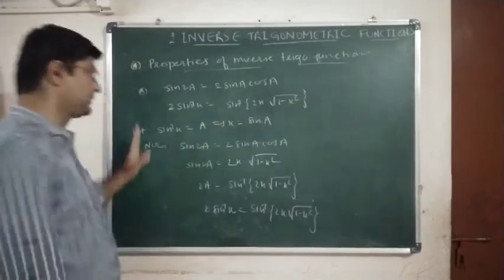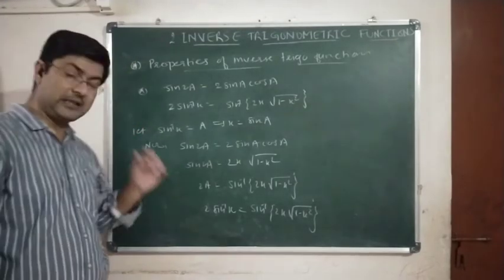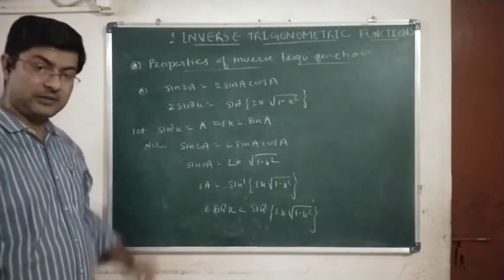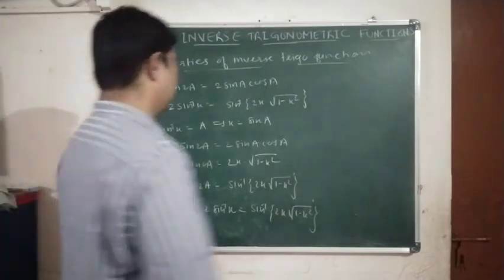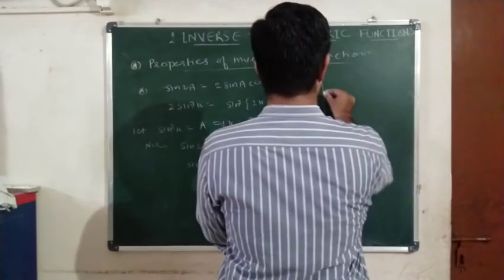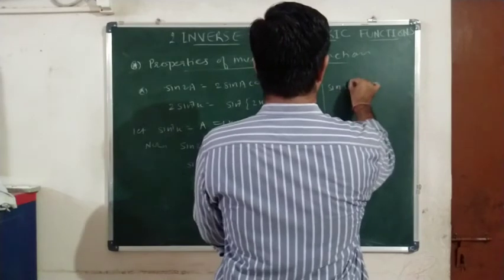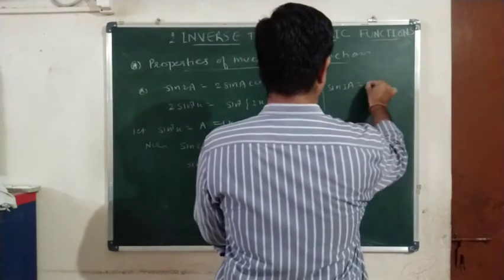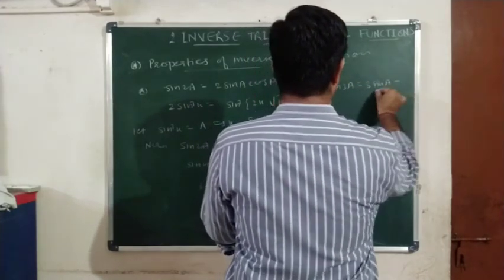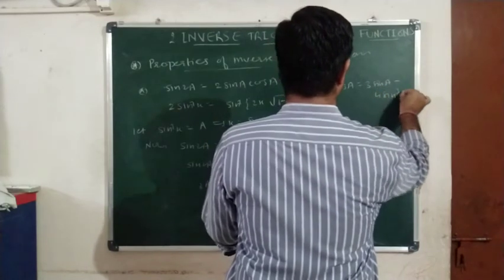So if you remember the trigonometric formulas, then you can derive these properties easily. Clear? Similarly, you can have a formula for sin 3a. Sin 3a is 3 sin a minus 4 sin cube a.